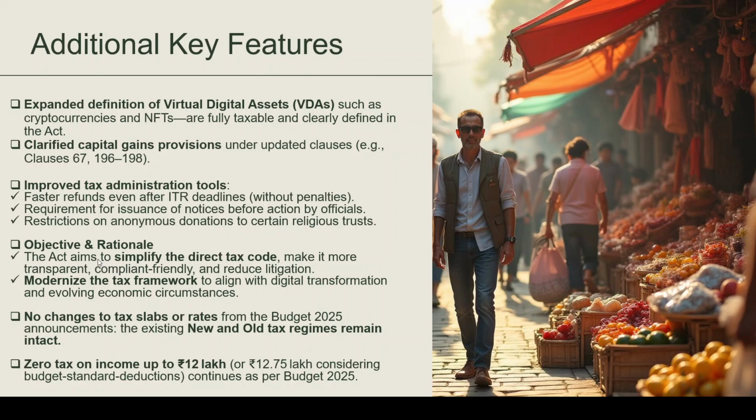And what is the aim of this direct tax code? The aim is to make the act more transparent, compliance friendly, and reduce litigation, and modernize the tax framework to align with the digital transformation and evolving economic circumstances.